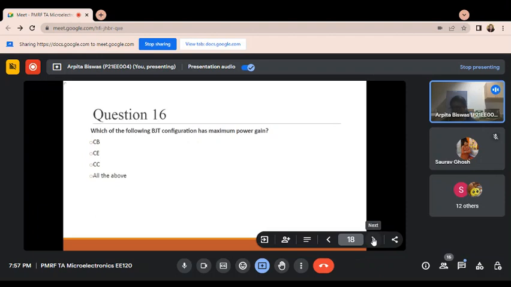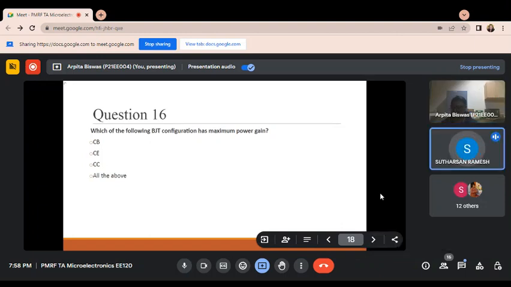What is the right answer? Okay. Meghna, please unmute yourself.